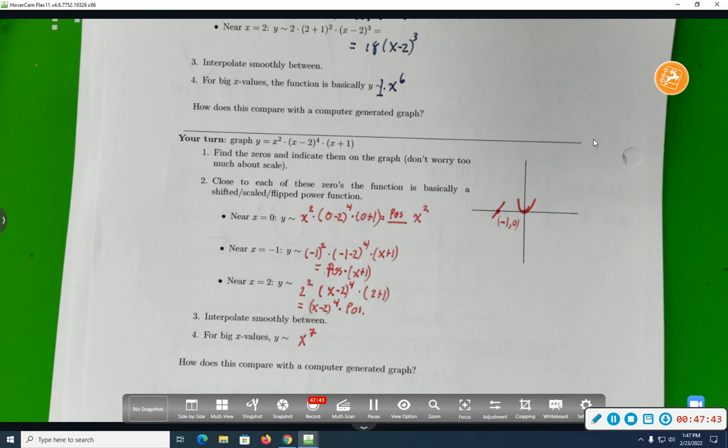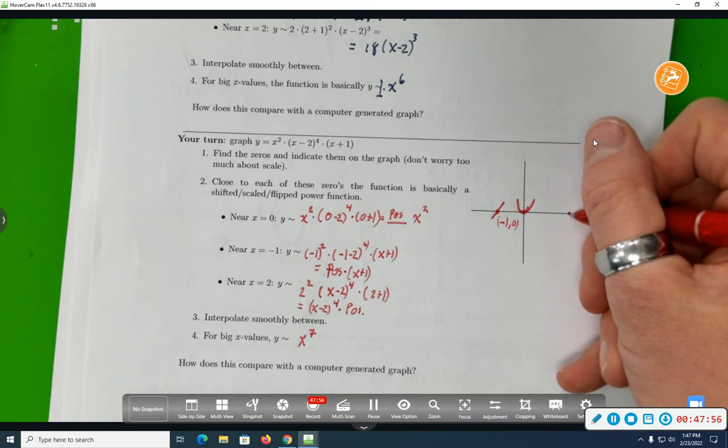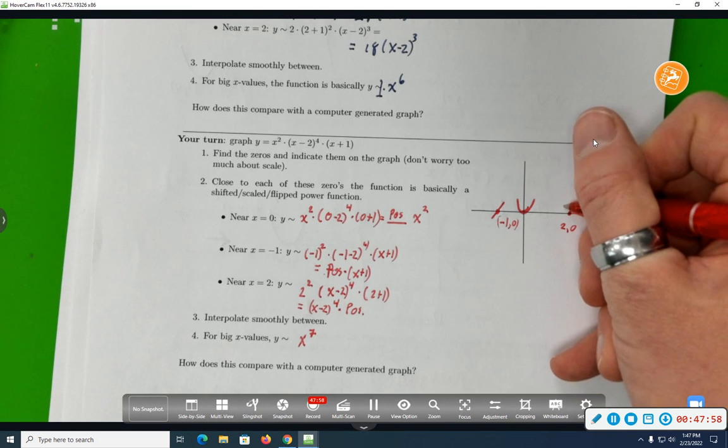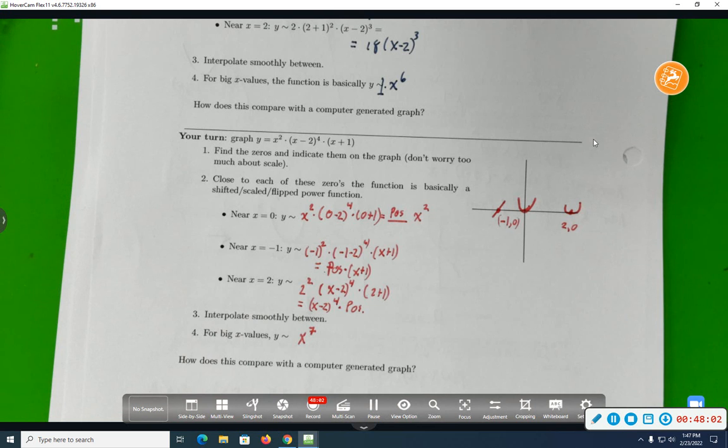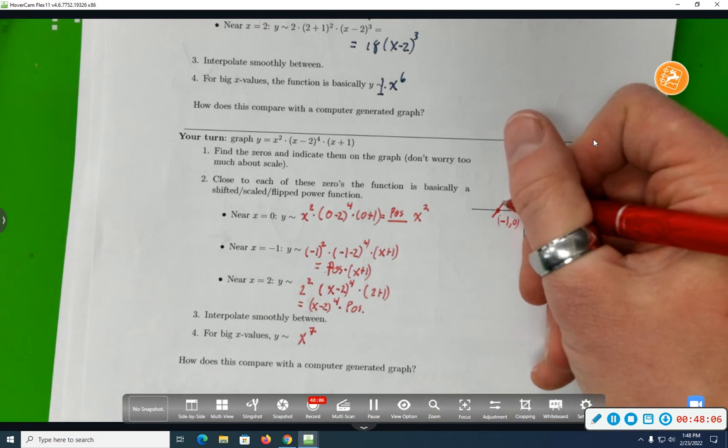Cool. So close to that point, I should see an upward pointing thing that looks like x to the power of 4. I tried to make that flatter than I usually draw my parabolas, but it's hard to tell. Now we'll interpolate between.